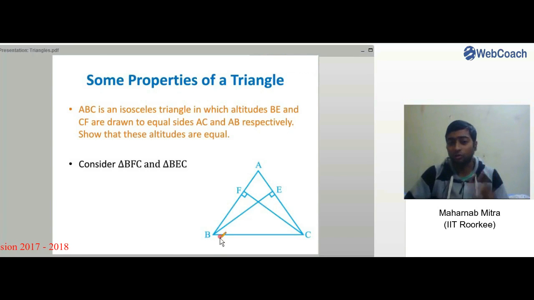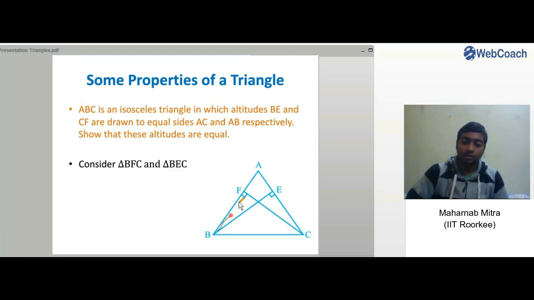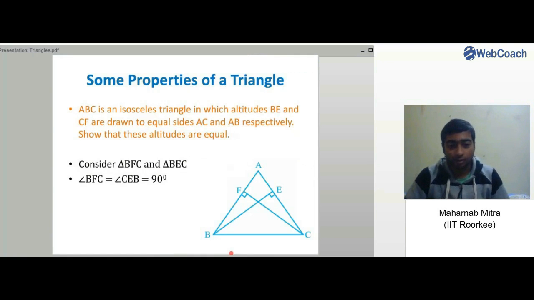So let us begin. We are considering two triangles, BFC, which is this triangle, and BEC, which is this triangle, with a common base BC.